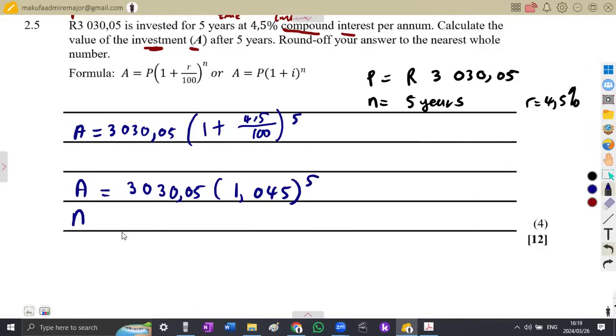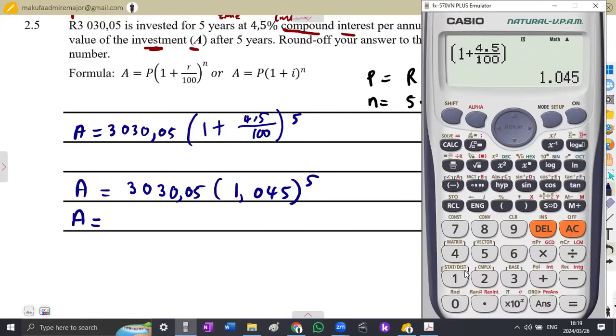So we can have our amount, and take note, round off your answers to the nearest whole number. So this is going to be 3,030.05 into the bracket of 1.045, close the bracket, to the exponent of 5.